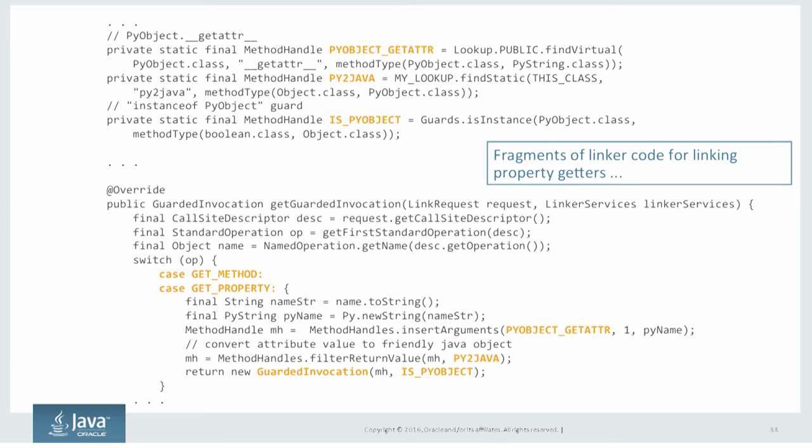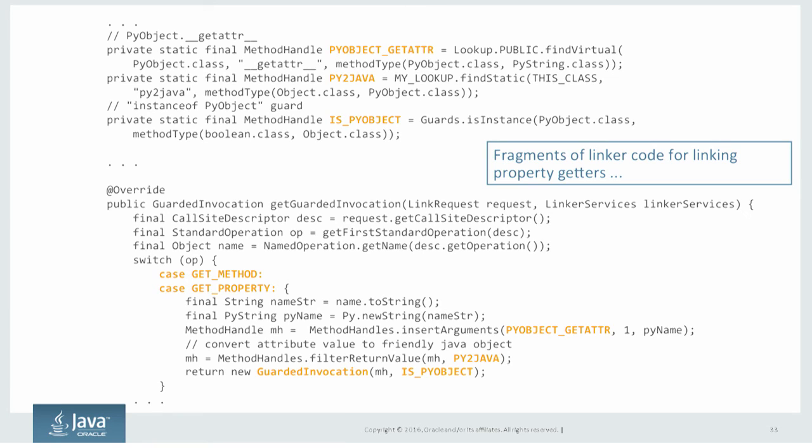You can see some handle constants at the top. For getting an attribute, that's the PyObject getAttr. For translating an object from Jython to Java, that's the Py2Java handle. And for checking whether an object is a Jython object, that's the isPyObject.